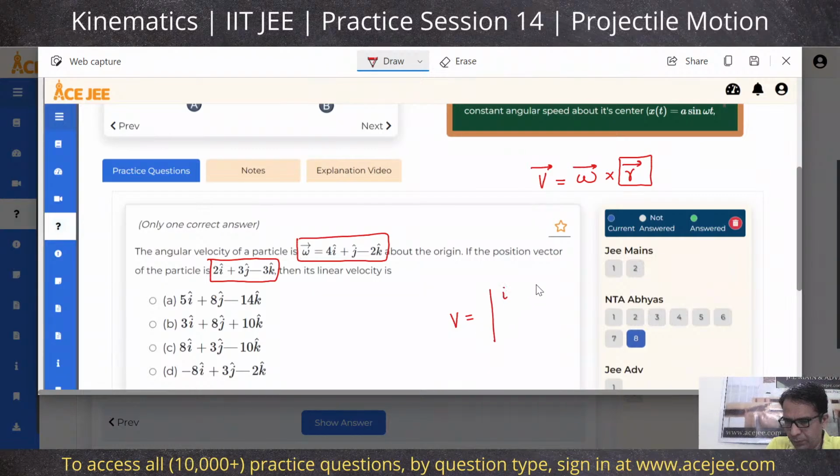Sir, I'm getting B option. B option, okay?